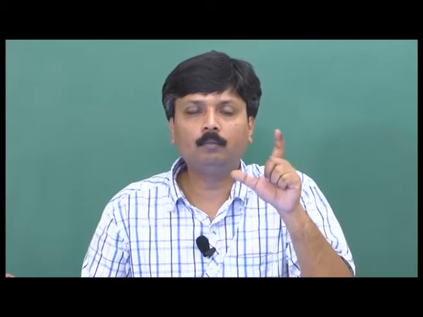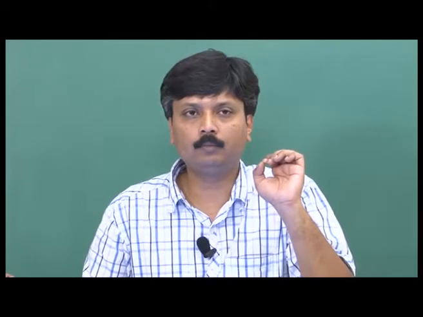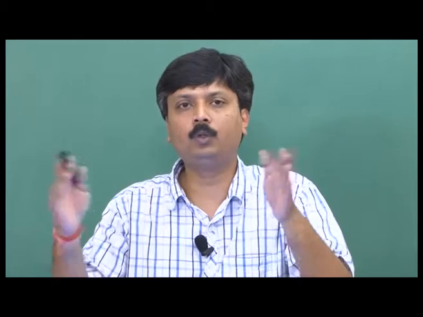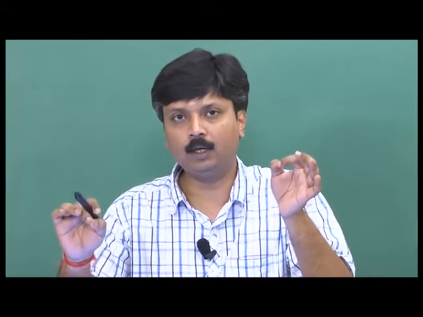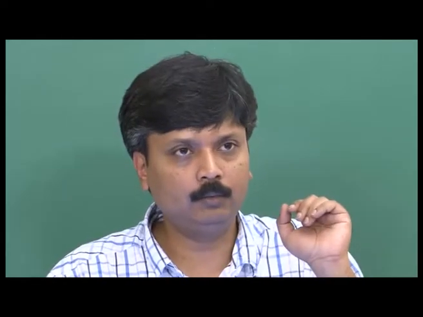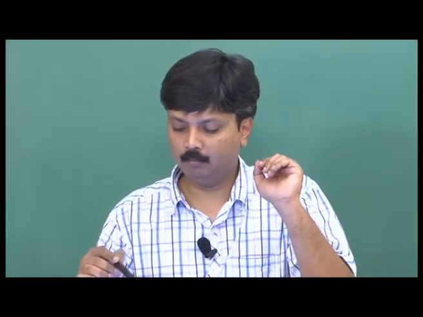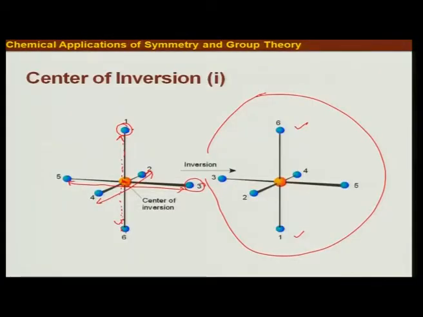all the atoms or bonds which are disposed on 2 different sides of this particular point in the space, they will interchange their positions, right? So we can see here 2, 4, 3, 5, 1, 6, they are all interchanging their position.